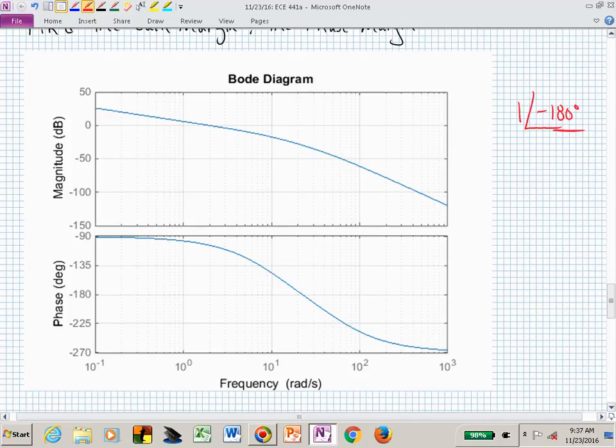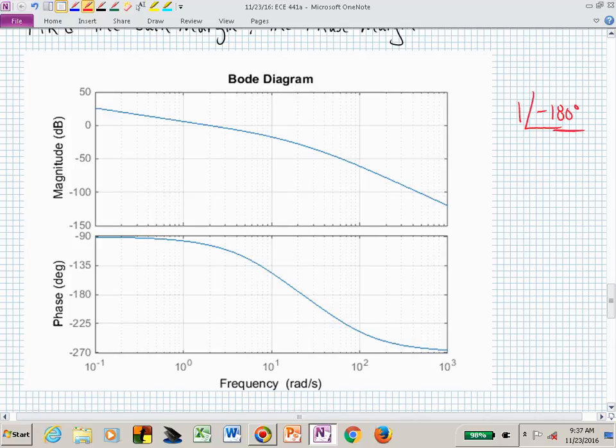So now, if you're looking for the stability margins of a Bode plot, and you have 1 at an angle of minus 180, the first thing you need to do is find when my magnitude crosses through 1, and when my phase crosses through minus 180. Can you find those frequencies? Those are now your gain crossover frequency and your phase crossover frequency.